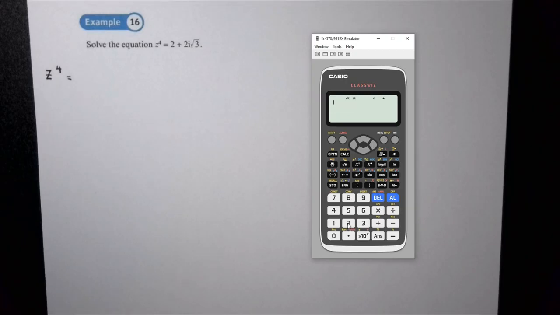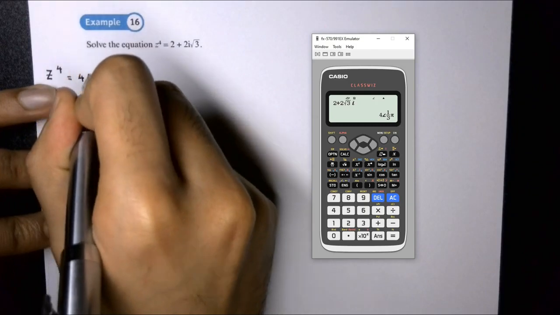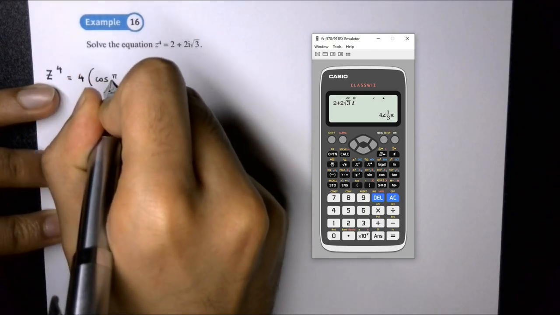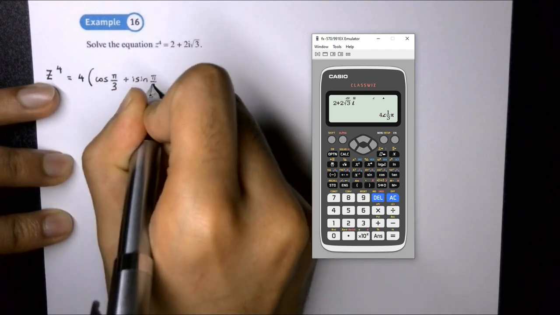And if we type in this complex number, 2 plus 2 root 3 i, okay, we get the modulus to be 4 and the argument to be pi over 3. Okay, so we have over here 4 lots of the cosine of pi over 3 plus i times by the sine of pi over 3.